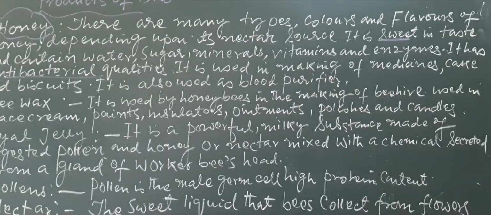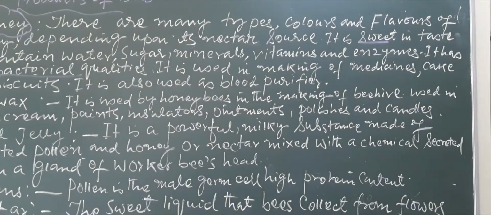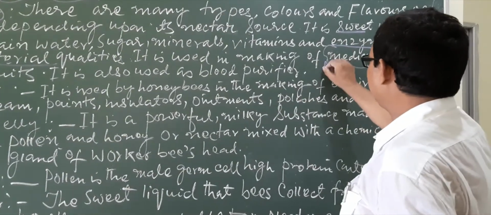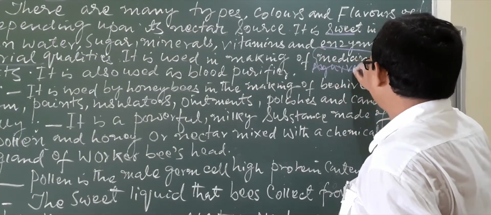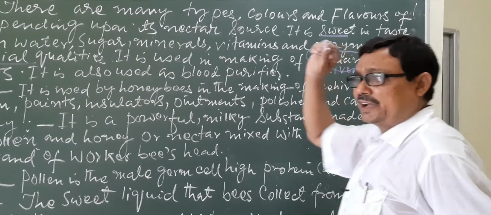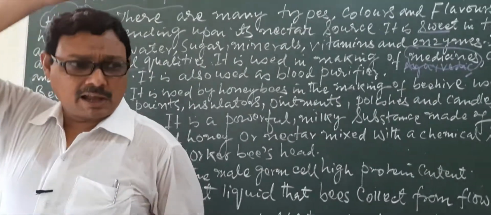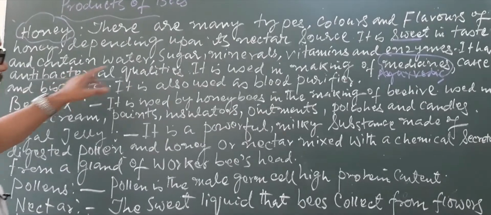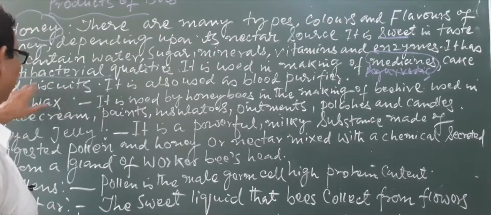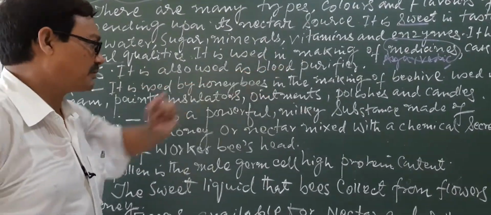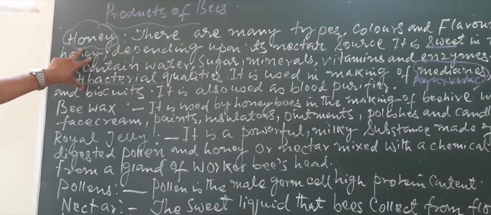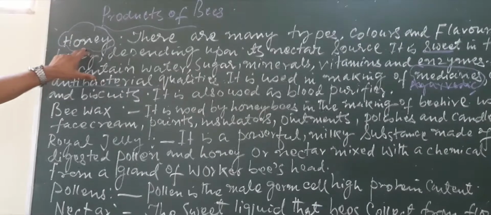It is used in making medicines, widely in Ayurvedic medicines. No Ayurvedic medicine is made without the composition of honey, and it is also used in cake making and biscuits. It is also used as a blood purifier. So this is the importance of the one main product of the bees.